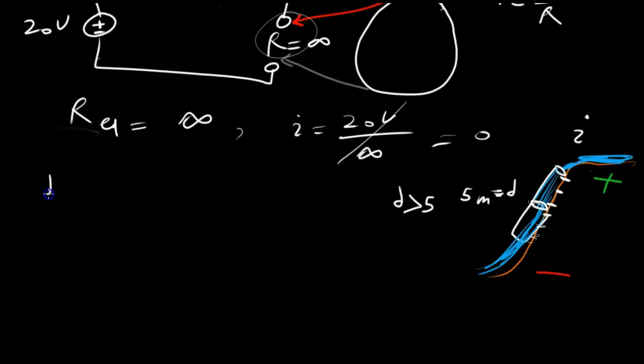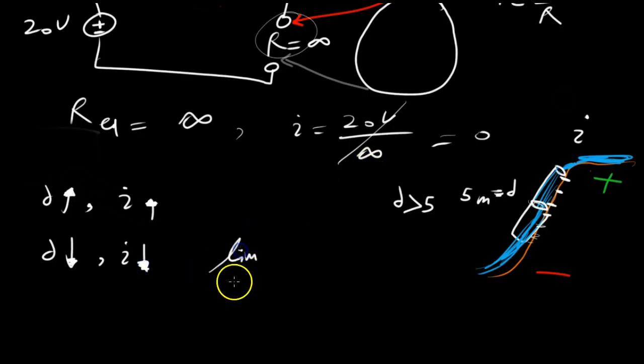So if D increases, you're going to have more current flowing. And if D decreases, meaning it gets narrower and narrower, you're going to have less current flowing, which makes sense, right? So let's take a limit.